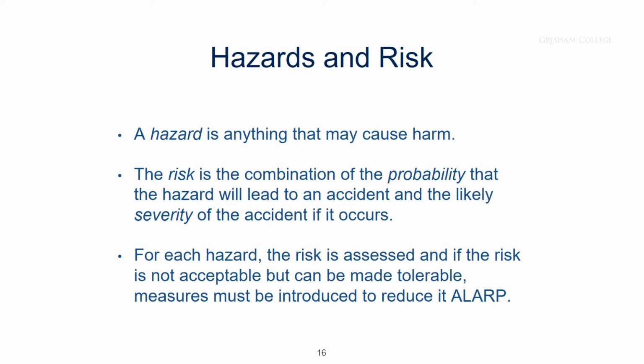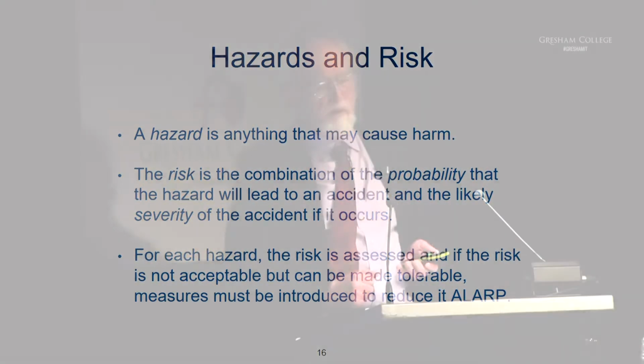And then, as we've seen, for each hazard you assess the risk, and then your duty is to reduce it to make it as low as is reasonably practicable. And we talk about the ALARP principle, the as low as reasonably practicable principle.